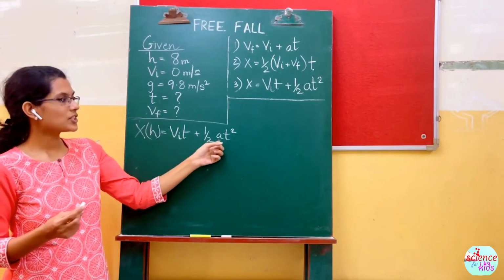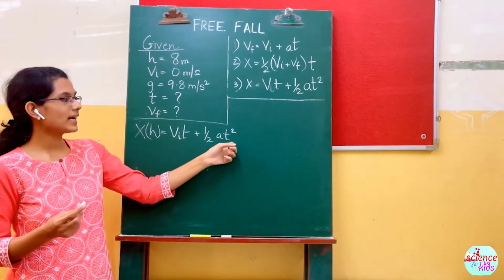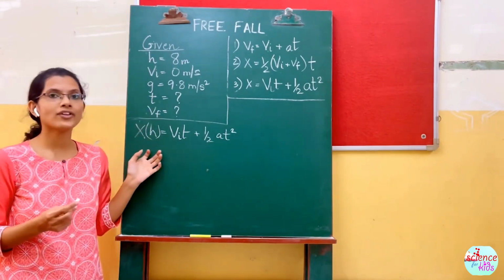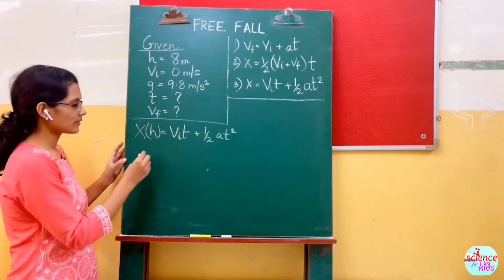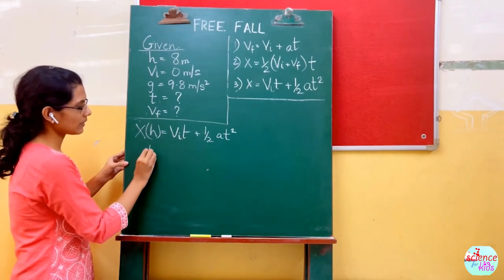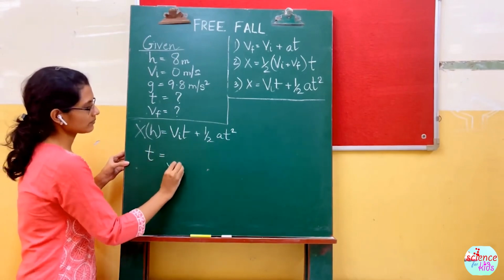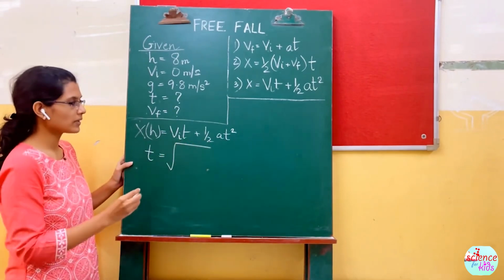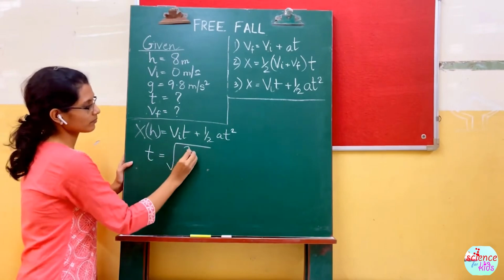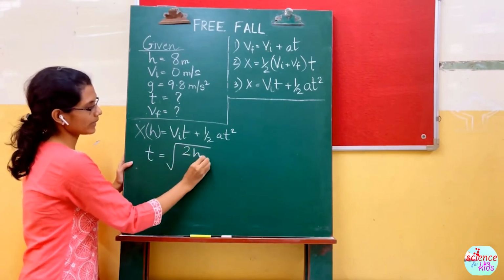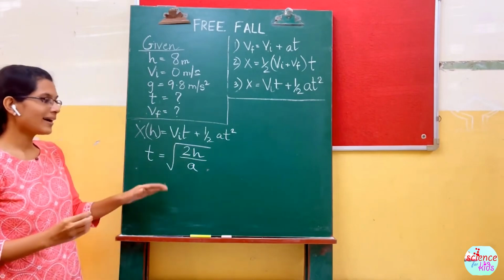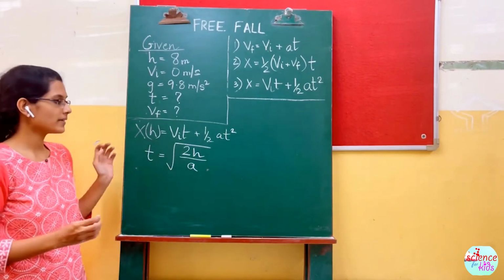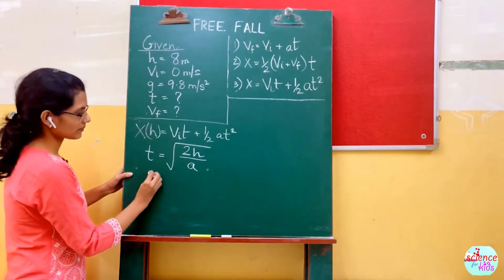Plus half a, which is acceleration due to gravity, and t squared. Here we have to find time, that's t. We will rearrange the terms accordingly. So I'll take t out. It will be the square root of 2h upon a.